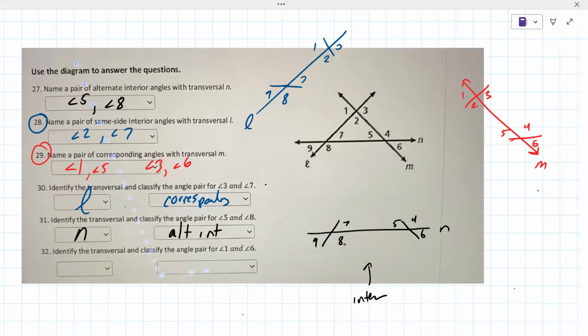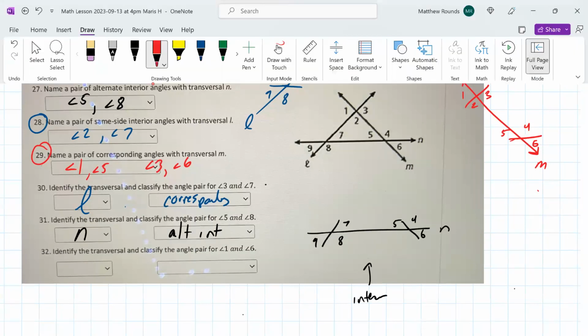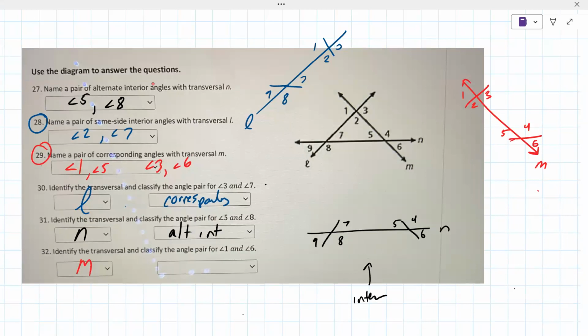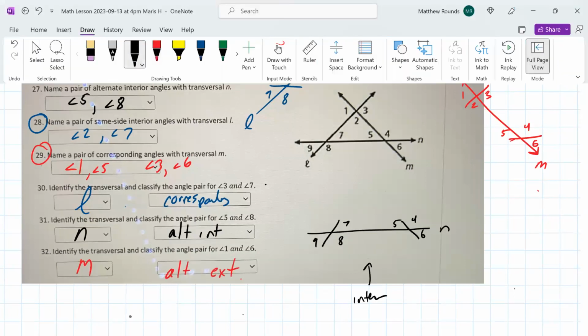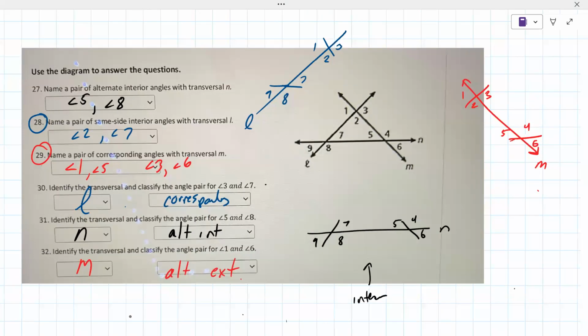Yeah, good. And then the one we haven't done, you can see the pattern here. It's going to be letter M. 1 and 6. Those are alternate exterior. So you really gotta get those down. You gotta know all of those really, really well to be able to do well in this part of the course.